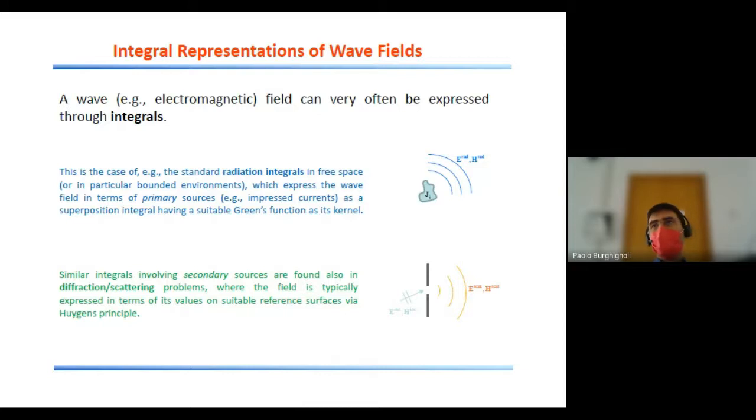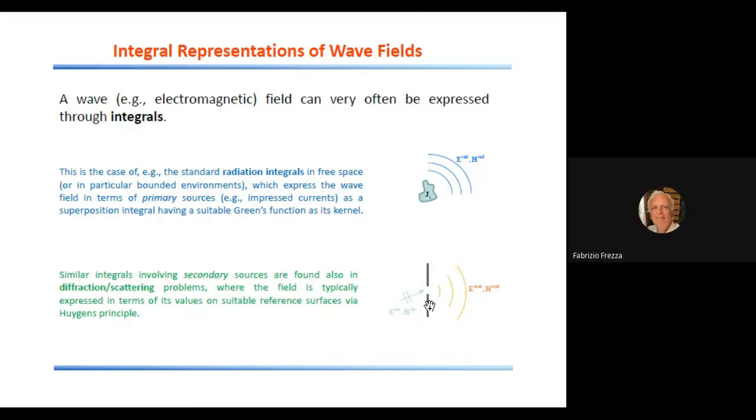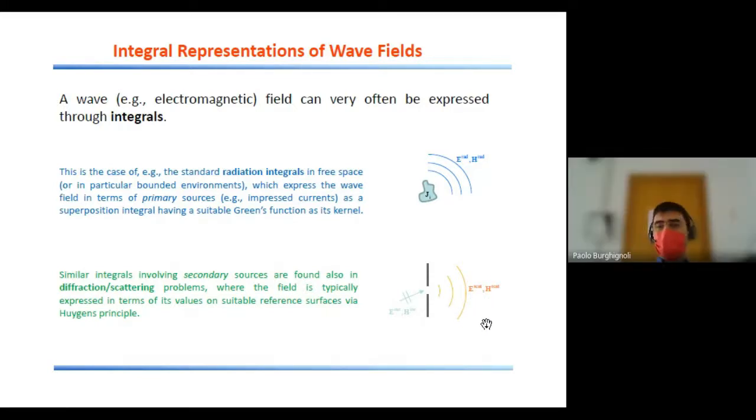And we basically make use of what is known as the Huygens principle. If we know the field, for example, on the aperture in an opaque screen, then we may be able to find the scattered or transmitted field everywhere beyond the screen in terms of a superposition integral, again, in which the Green's functions are the kernels.